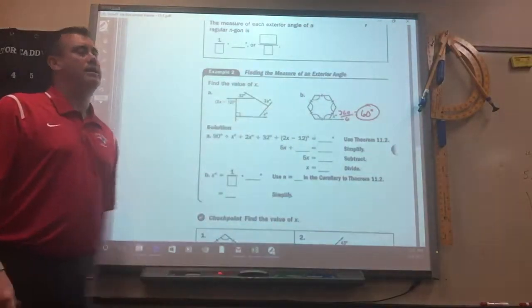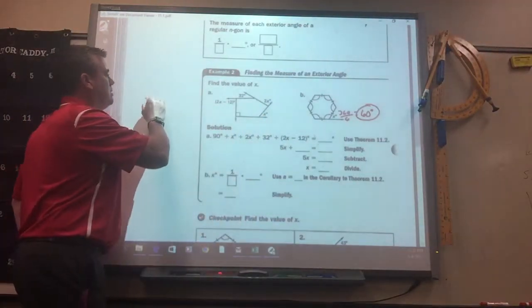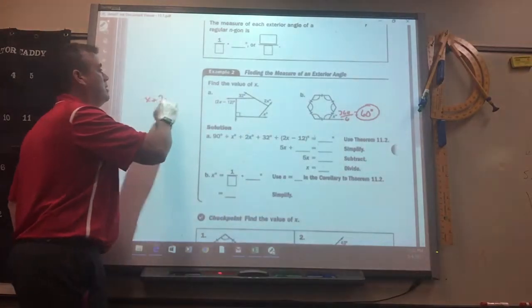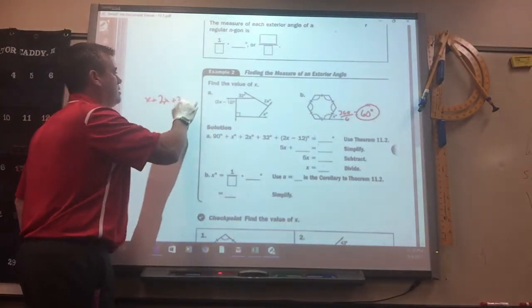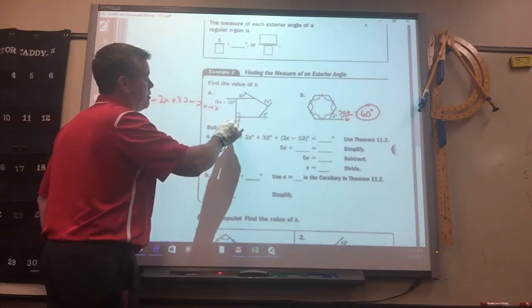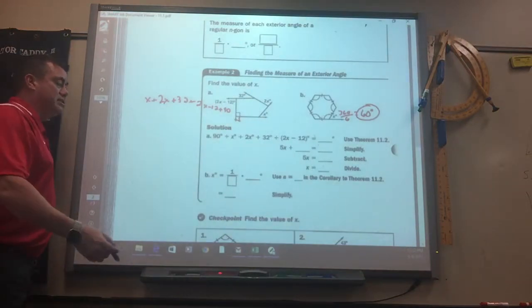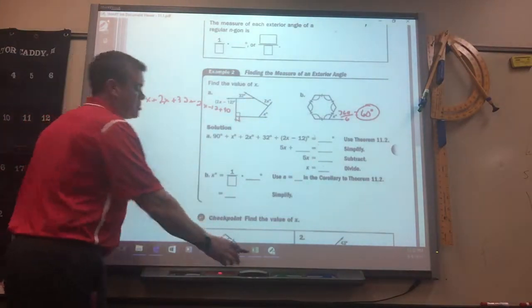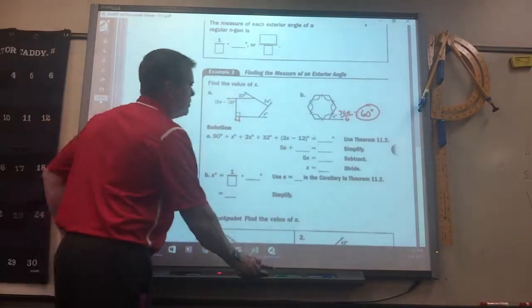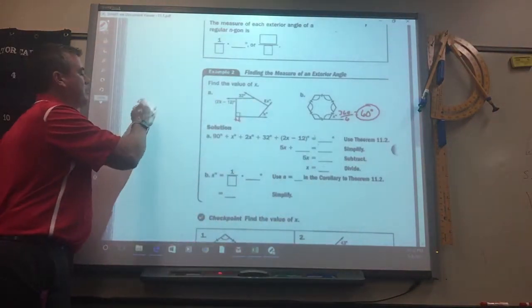Here you have to actually write it out. This angle plus this one plus this one plus this one, and even though it's not labeled, you have to remember that one. What are they all going to add up to? 360. So you add them up and combine like terms. x, 2x, and 2x makes 5x.